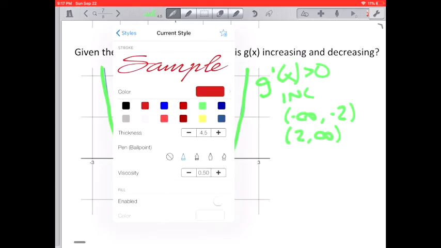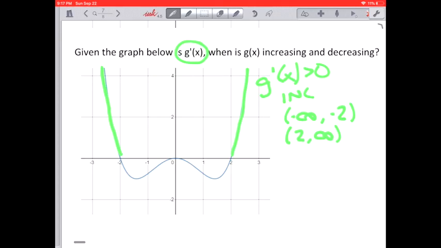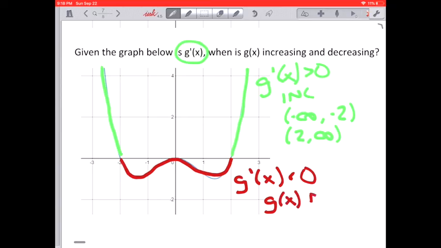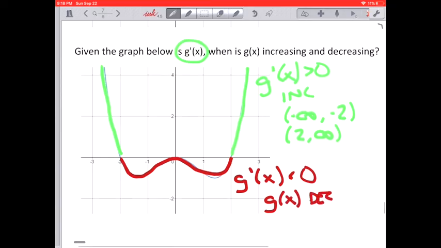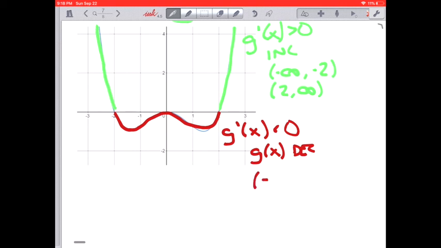Then I focus on where g prime of x is below the x-axis. Because g prime of x, the derivative, is less than 0, then g of x is decreasing. That takes place on the intervals -2 to 0 and 0 to 2.